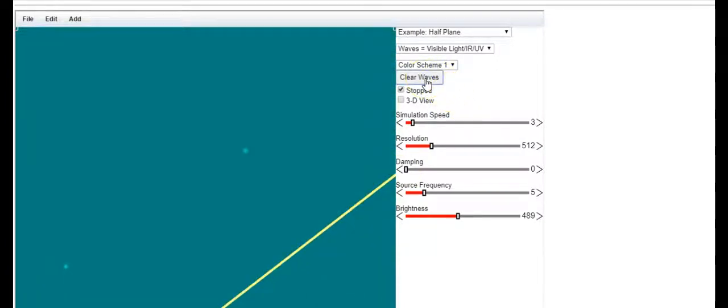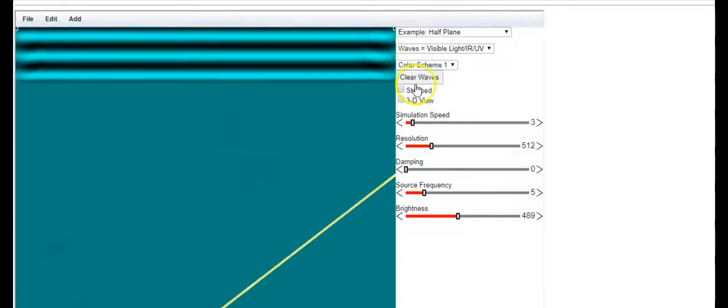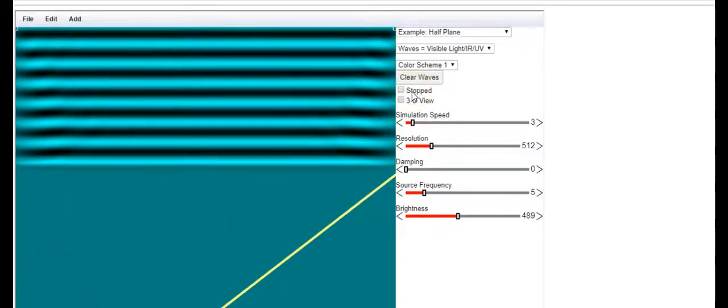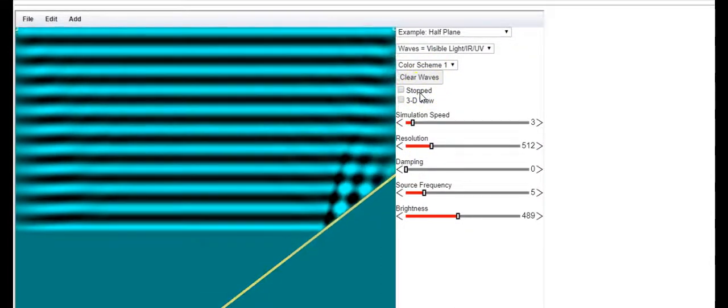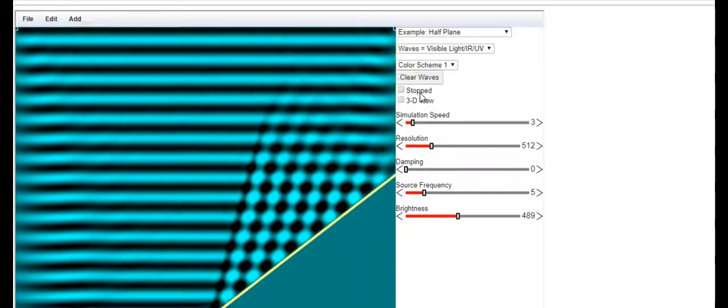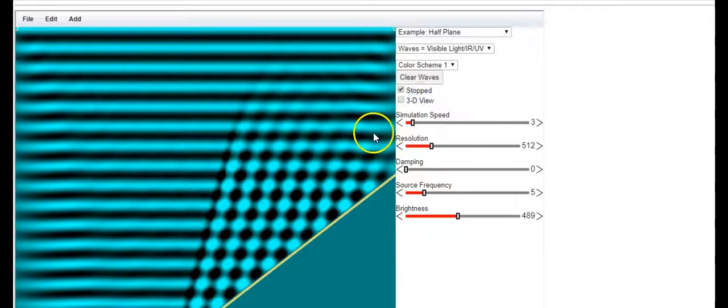Okay, let's take a look at waves reflecting off of this barrier. So here they come in, and just as it's about to hit this barrier, you're going to see that the first part of the wave that hits the barrier is the first part to reflect off of the barrier. All the way through.